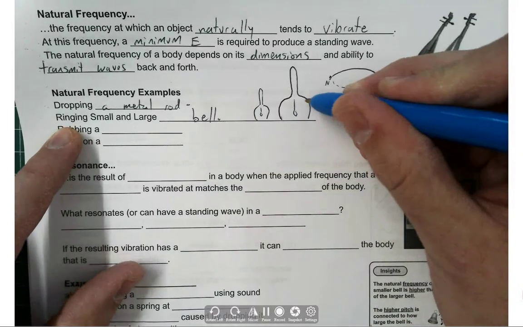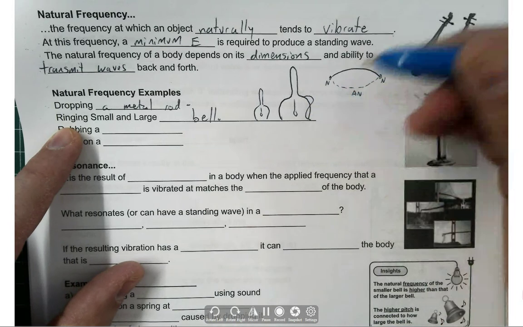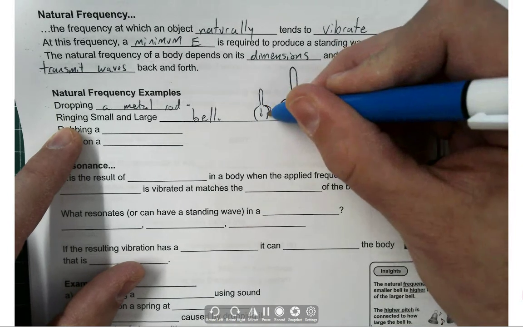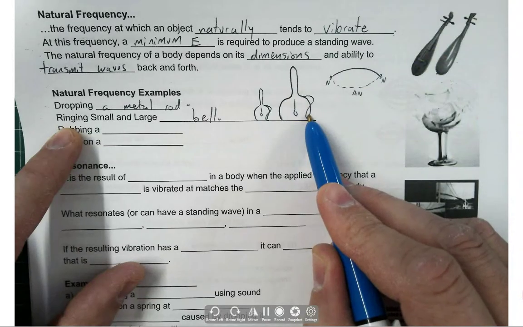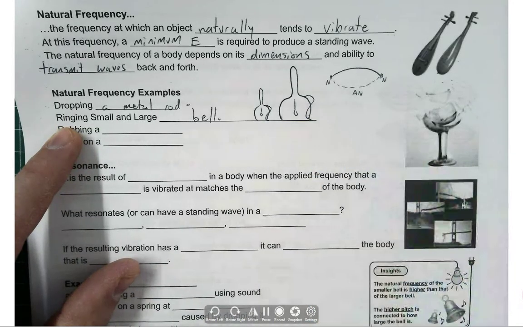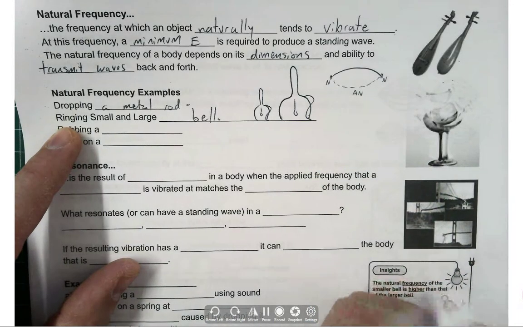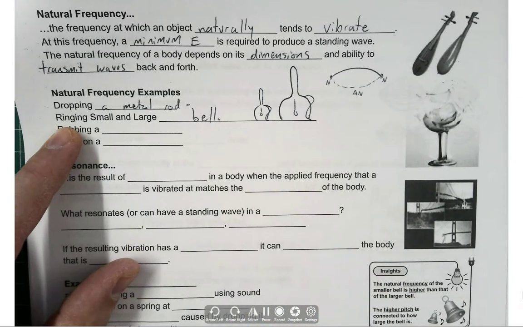So that means that the waves are going to end up being larger if this actual casing is vibrating. Larger waves means, what is it, lower frequencies or higher frequencies? Lower frequencies, assuming that they're both made of the same material. So, like, if it's made out of, I don't know, both glass or something like that. I think I have a couple of ceramic bells in the classroom.